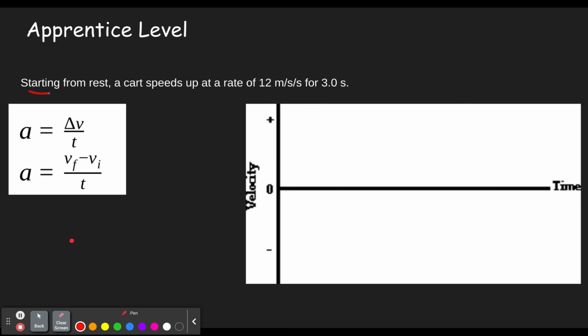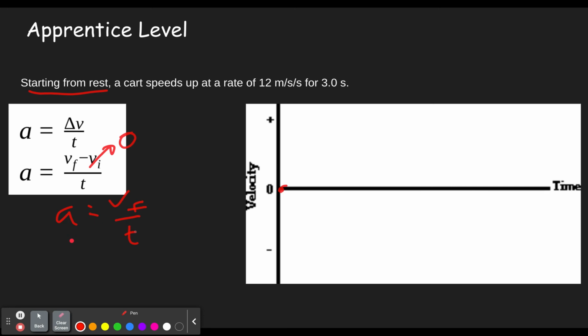So first of all, this says starting from rest. If it starts from rest, first of all, it's going to start at rest on our graph here, but it also means the initial velocity was 0. So we can ignore that term. 0 doesn't affect our subtraction there at all. Okay, so we've just got a equals vf over t.